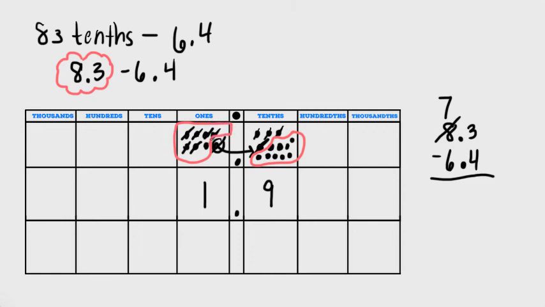We would have 7, and then we borrow the 1 and we add 13, because this comes over here. And count how many we would have: 1, 2, 3, 4, 5, 6, 7, 8, 9, 10, 11, 12, 13. There it is. We take away 4. There's 9. Bring down the decimal. 7 take away 6 is 1. We have the exact same number.